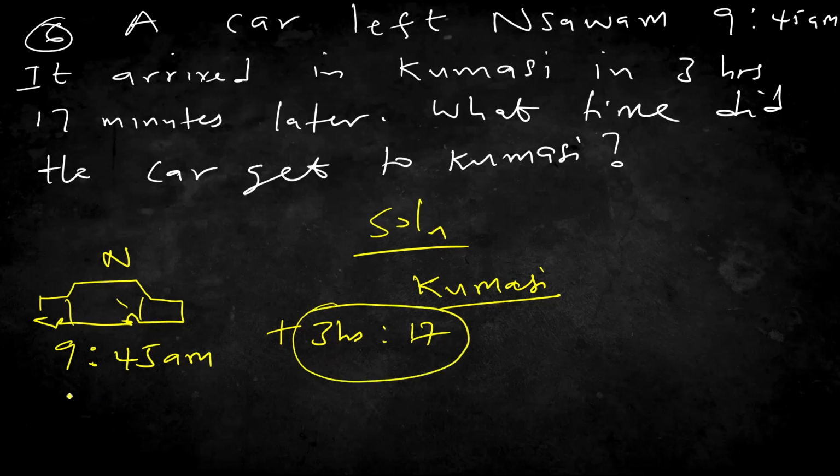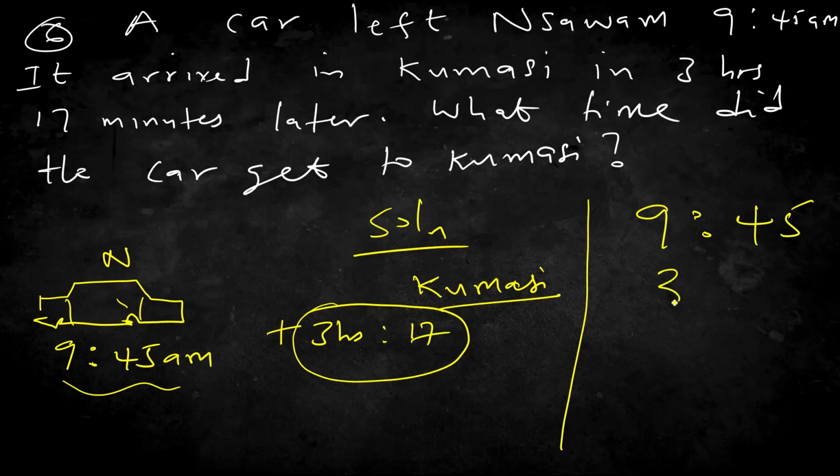So what we are going to do, if we have to calculate the time that the car got to Kumasi, we need to add 3 hours 17 minutes to the 9:45. So we have 9:45 plus 3 hours 17 minutes.